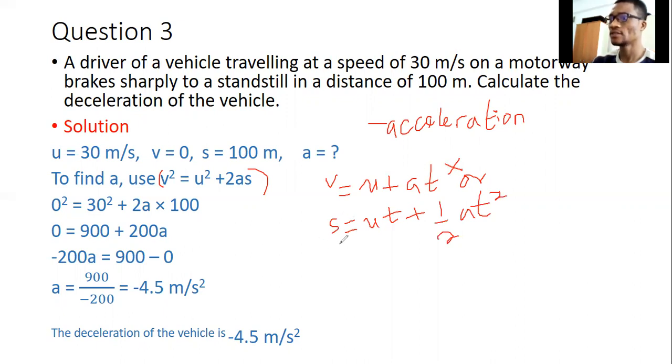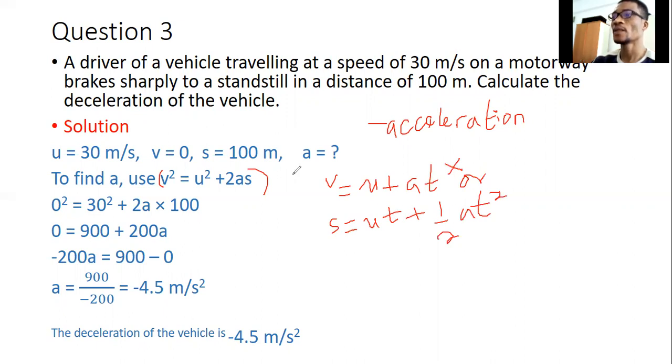Then the second equation, we cannot use this equation either. Although we have distance and initial velocity, again we don't have time. If we are to use this equation, we first of all have to find time, which is a long process. We look for time and then go back to calculate acceleration.